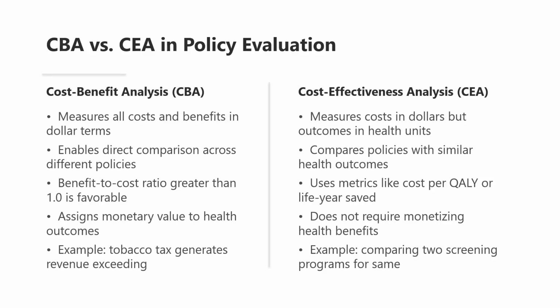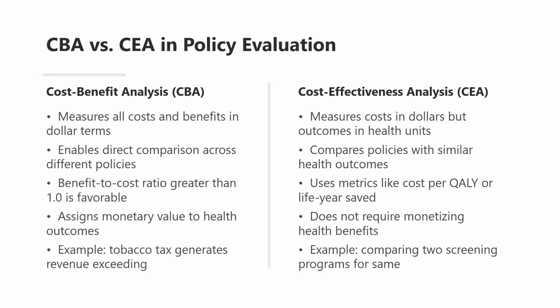For example, you might estimate the dollar value of a prevented heart attack by calculating saved medical costs plus lost productivity averted plus the statistical value of life years gained. The advantage of CBA is that it produces a single number, the benefit to cost ratio, that allows direct comparison across very different types of policies.